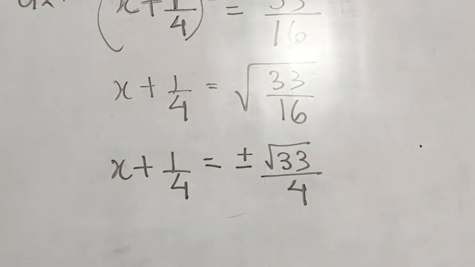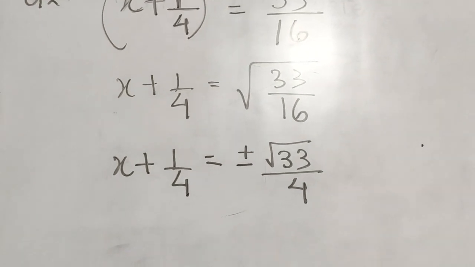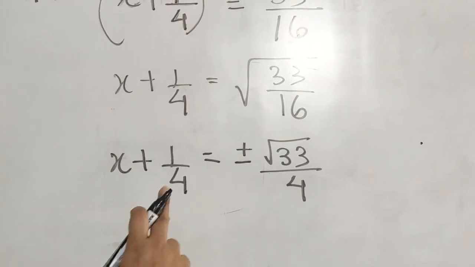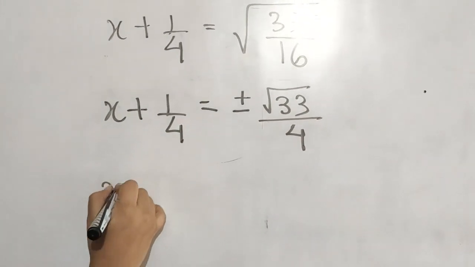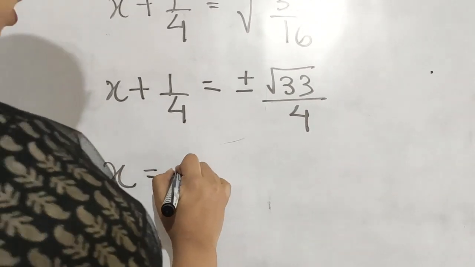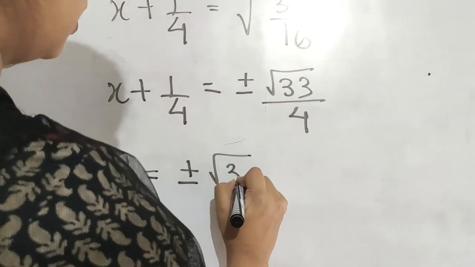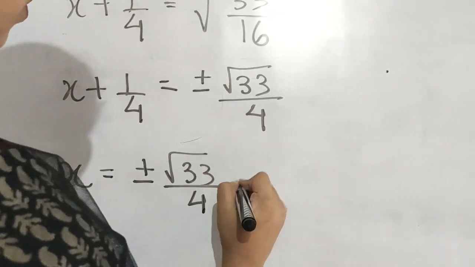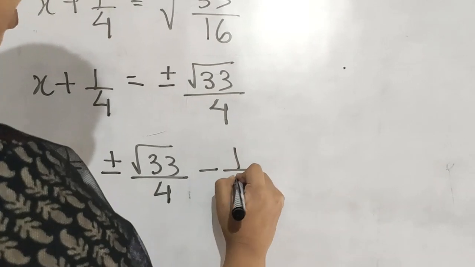So we get this type of equation. Now let us shift 1 by 4 to RHS. This will be x equals plus minus root 33 upon 4 minus 1 by 4.